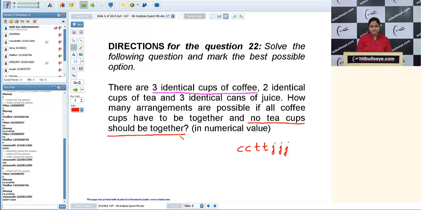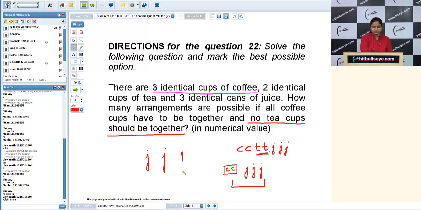If all the coffee cups have to be together, I'm considering them as one unit. CC. I'm considering this as a box only. This is a one unit only. And we are left with 3 juices. I'm not taking teacups now. So there are 4 things to arrange. Since all the juices cans are identical, how many arrangements are possible?